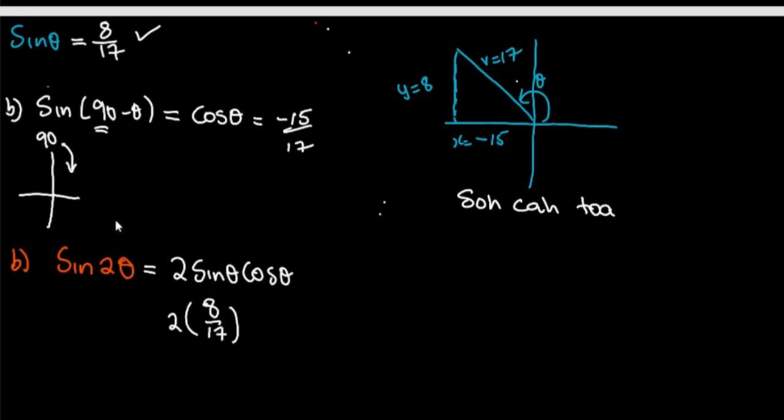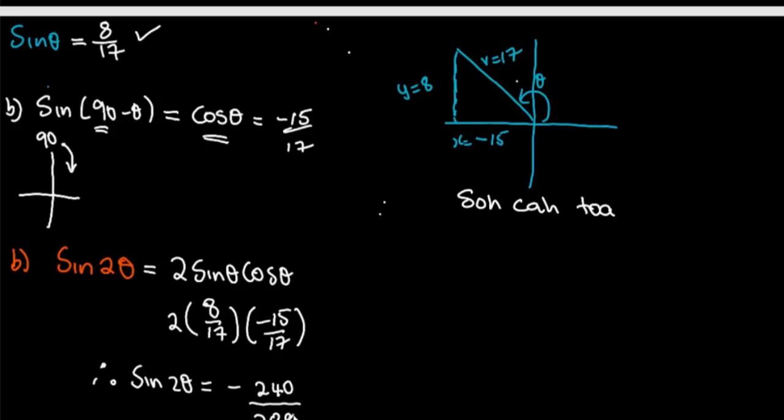The cos theta, we calculated as minus 15 over 17. So this will be multiplied by minus 15 over 17. Everything is good so far. No stories, just marks. So now, therefore, what is the sine of 2 theta equal to? You just have to punch that on the calculator. This will give us negative 240, everything divided by 289. Then you are done solving number C.